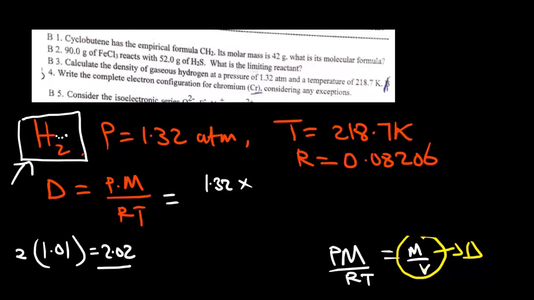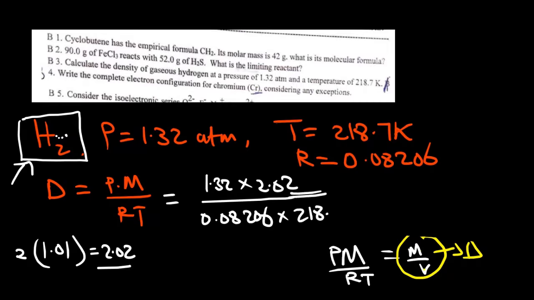So I'm going to multiply by 2.02, and then divide by the gas constant, which is 0.08206, multiplied by the temperature. The temperature is 218.7.